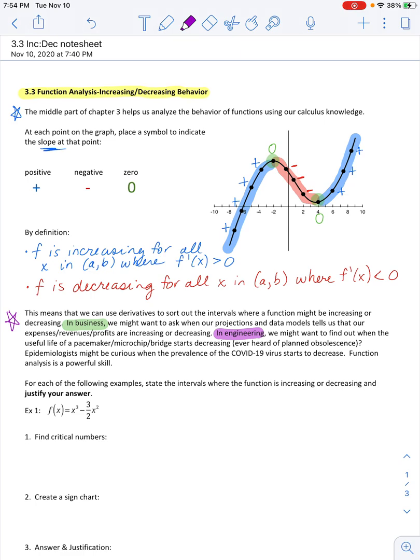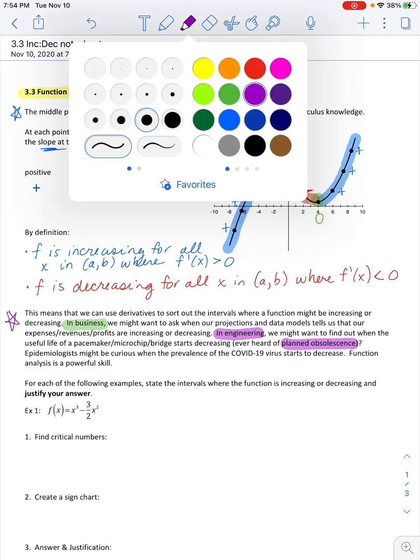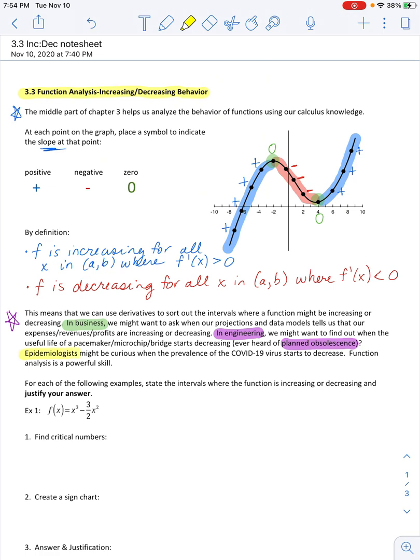It's really interesting if you have not looked up or read about this concept of planned obsolescence. It's a great term to Google and read more about because it's very interesting what Apple has done to the universe. And then lastly, epidemiologists are people that study disease, and super common right now during the pandemic, they might be curious when the prevalence of a certain virus starts to decrease.